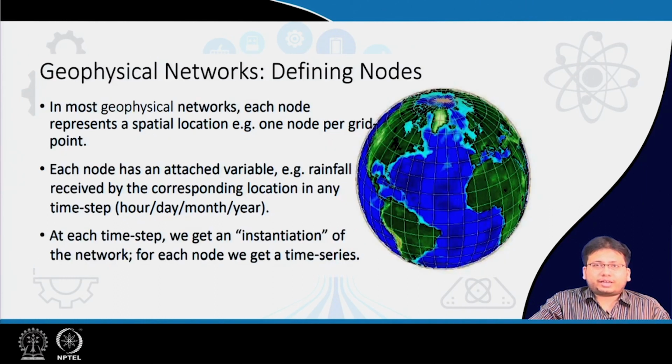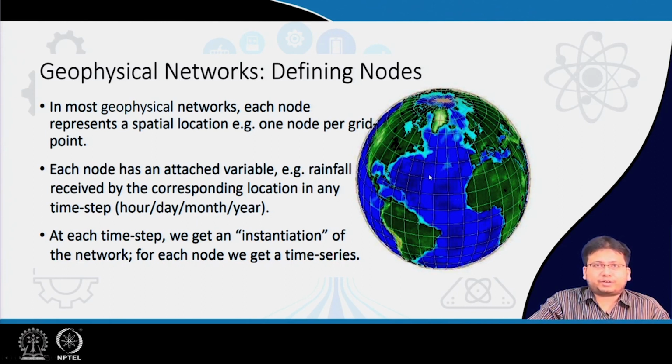In the case of earth system science, the one standard way of defining these networks is where each node represents a particular spatial location. For example, one node per grid. We can divide the earth surface into multiple grid points with the help of these latitude and longitudinal structures. As you can see, these two longitudes and two latitudes enclose this region.